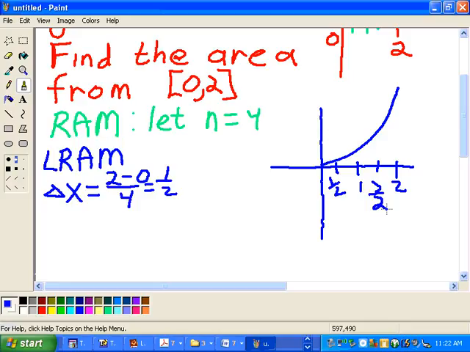If I start at the left and make my rectangles, the first rectangle would start from here. It would come up to touch the curve, and it would have a height of 0. The next rectangle would come up to here, and you can see that it would have a height.